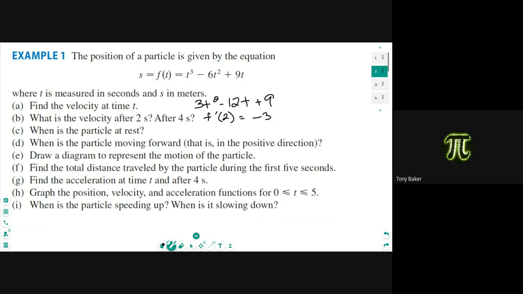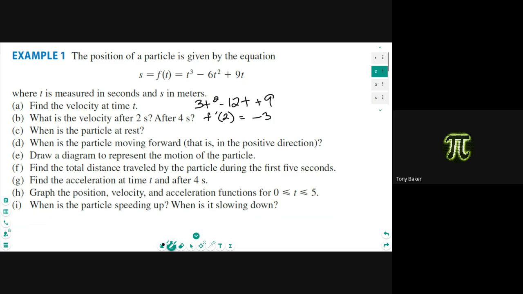So let's think about it this way. If you're in your car and you're reversing, are you going a positive velocity or a negative velocity? You're moving away from something, right? That'd be negative. One of the questions we're going to look at is distance. Distance is always got to be positive, so when you're looking at how far you've traveled, yes, you'd look at both directions.